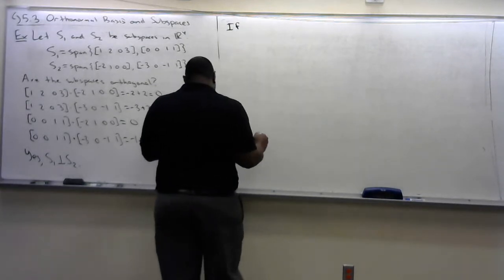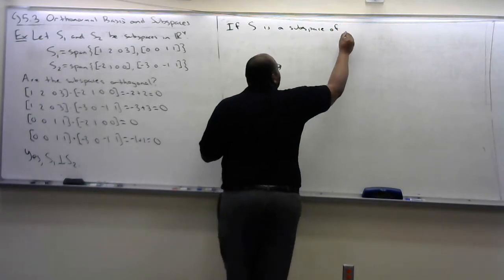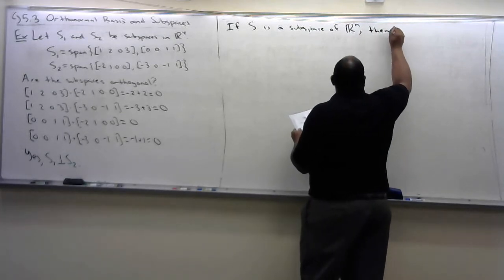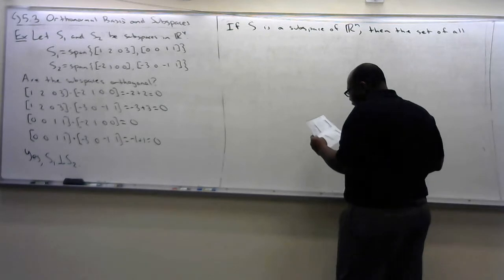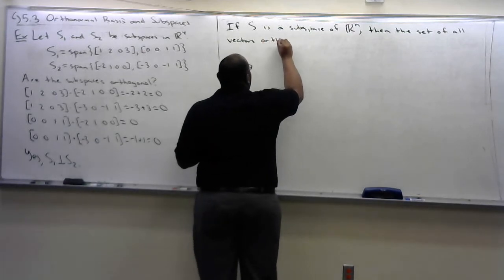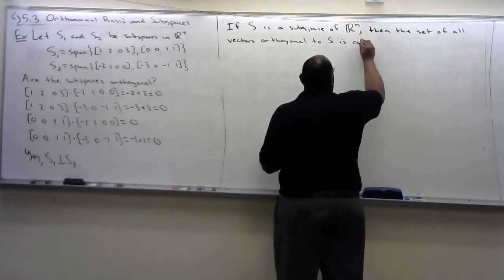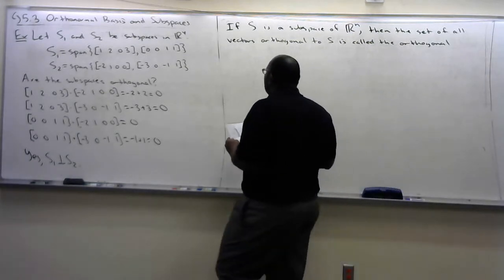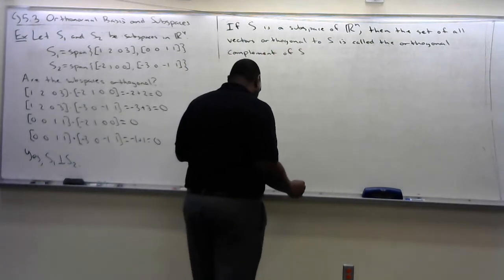If S is a subspace of Rn, then the set of all vectors orthogonal to S is called the orthogonal complement of S. Underline that.